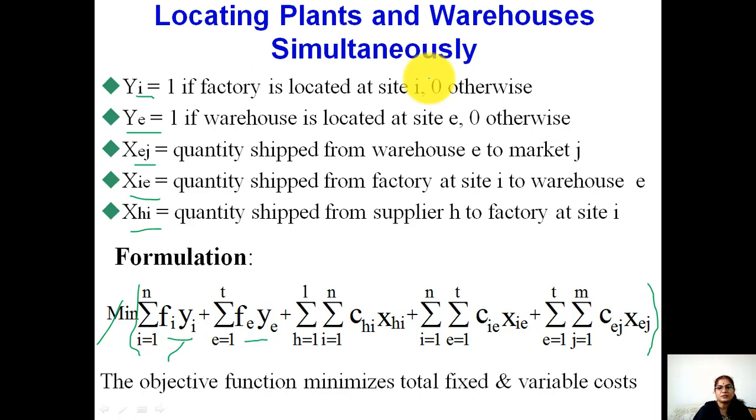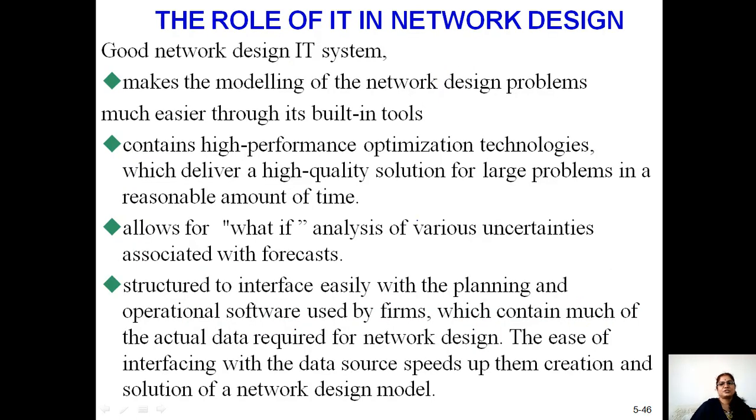Then these are the costs of shipping from supplier to factory, from factory to warehouse, from warehouse to market. And when we add all, the supply chain manager's objective is to minimize the complete total fixed and variable cost put together. So we have finished all the models.